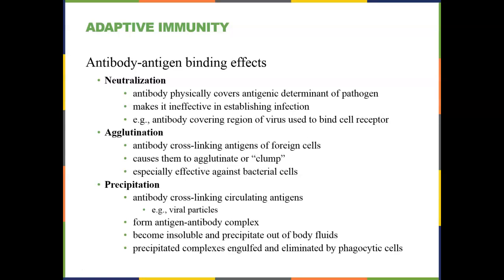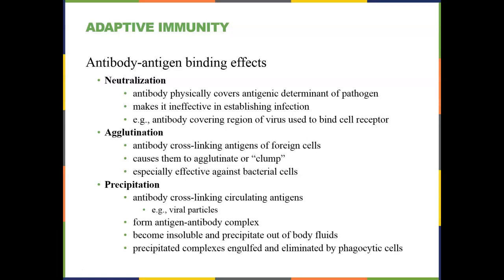Agglutination is when the antibody binds to foreign cells like pathogens and causes them to clump up. This makes them much more able to be killed off by phagocytes.